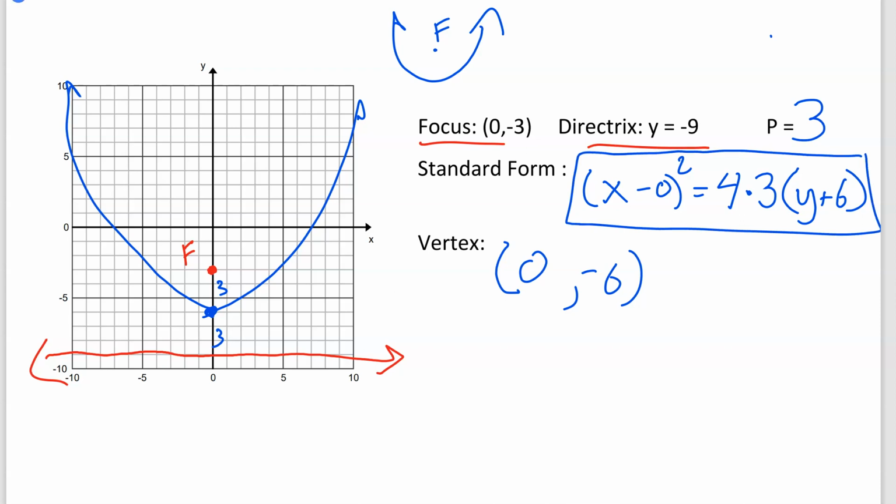Not too bad. Again, the sketch really helps us see what's going on. It doesn't have to be on graph paper, but when you're doing the assignment, I would strongly encourage you to do a sketch to make sure things are going right.